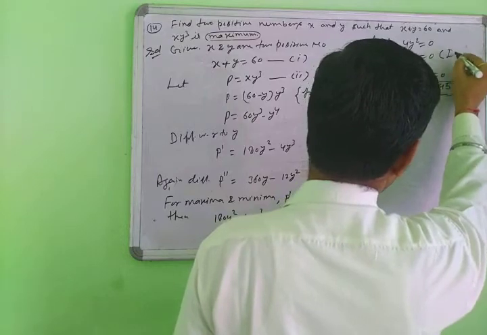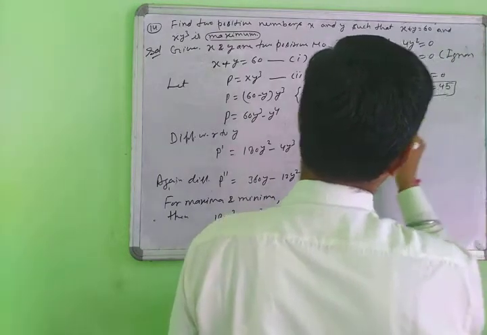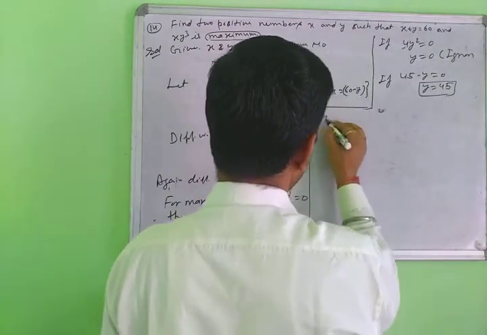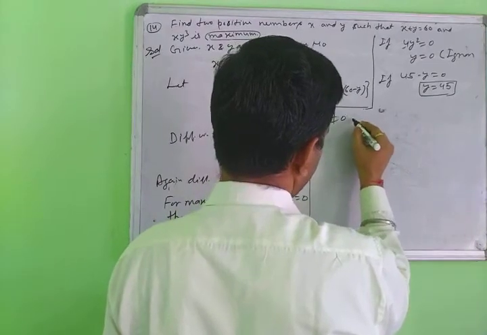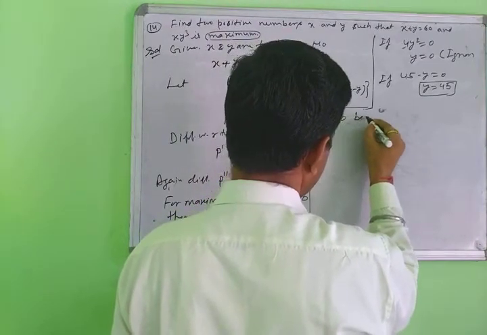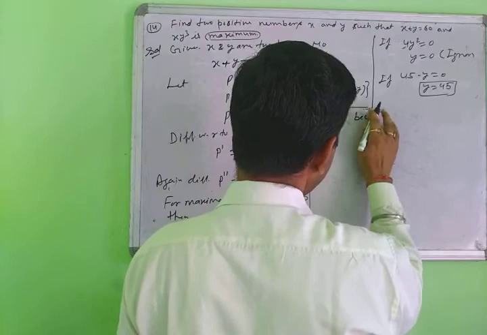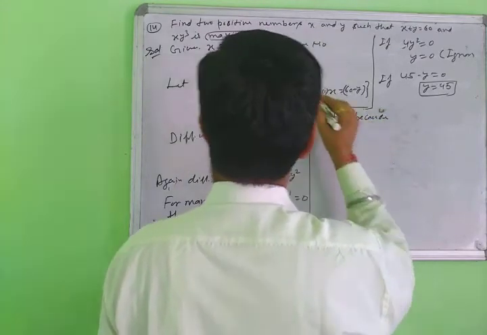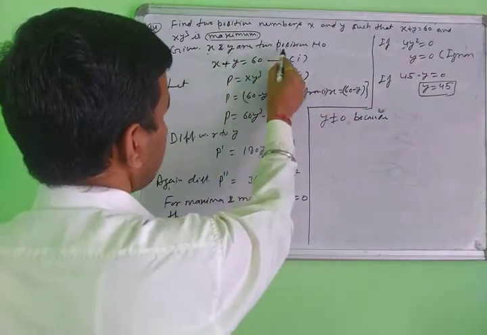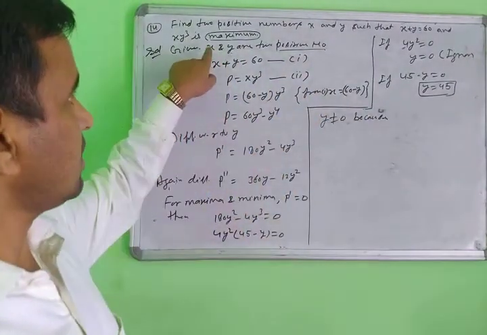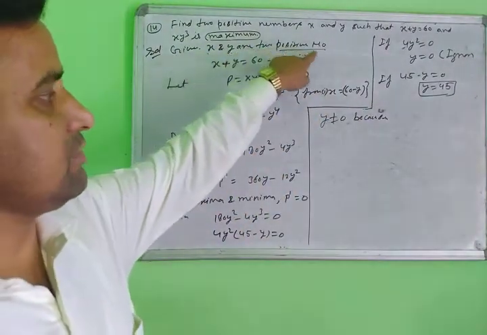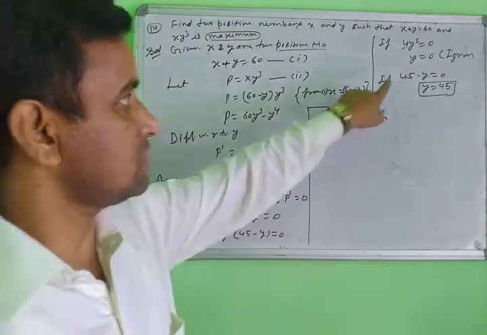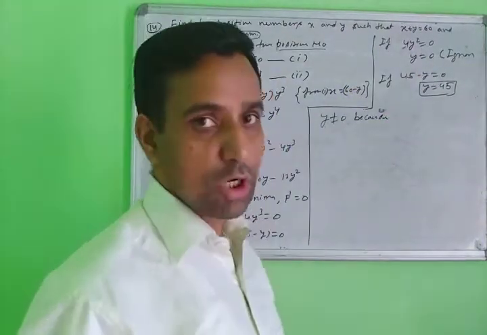This one we ignore. y equals 0 is not allowed, because it is given that x and y are positive integers. Here x and y are two positive integers, so y equal to 0 is not possible, since 0 is not a positive integer.